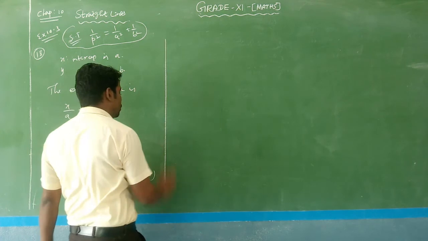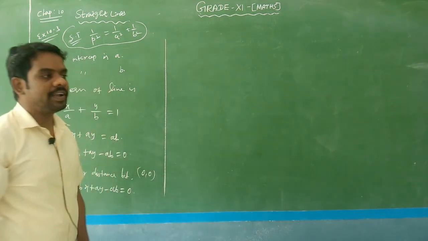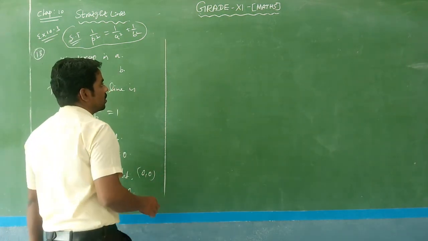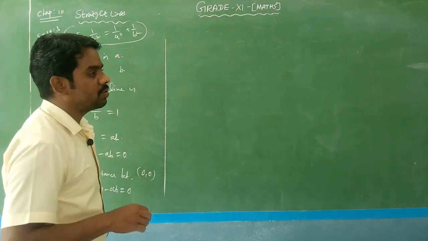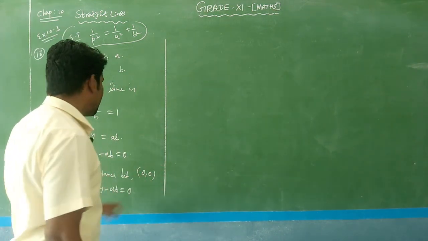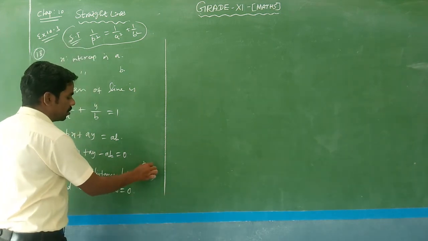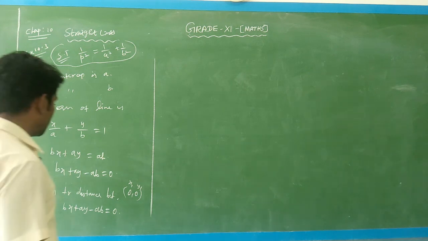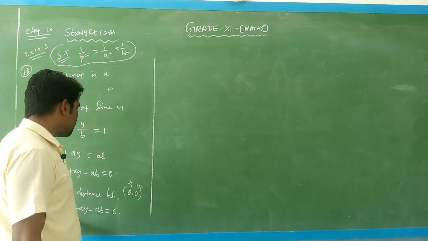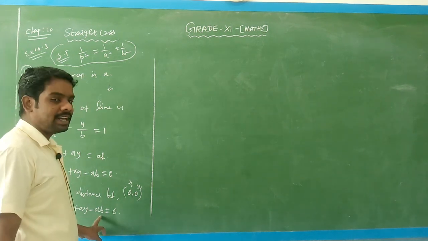You know that the perpendicular distance between a point and a line is d = |ax1 + by1 + c| divided by the root of a square plus b square. Here (x1, y1) is (0, 0), and the coefficient of x is b, the coefficient of y is a, and the constant is -ab.